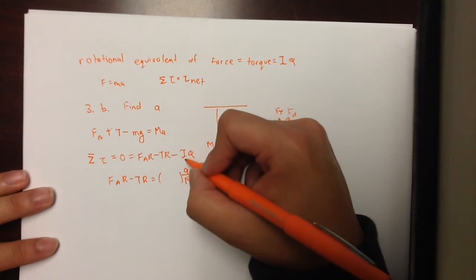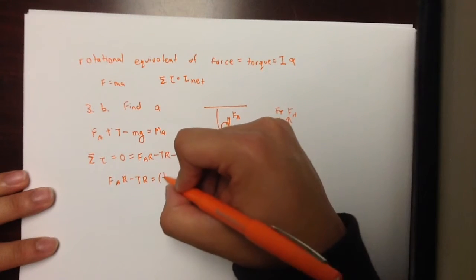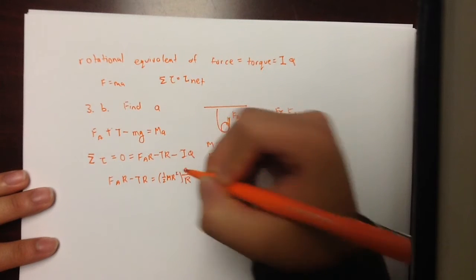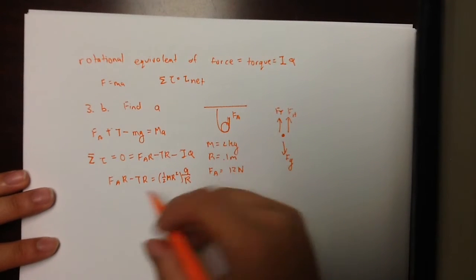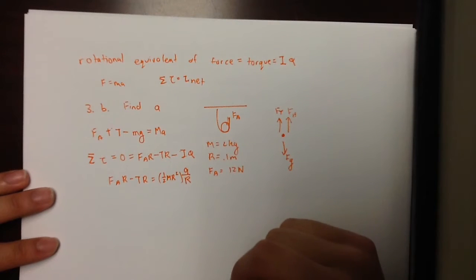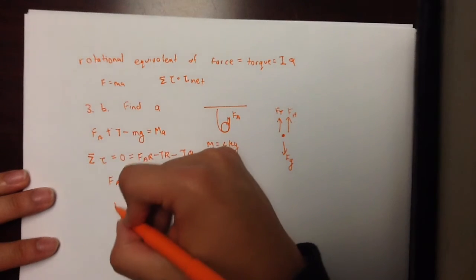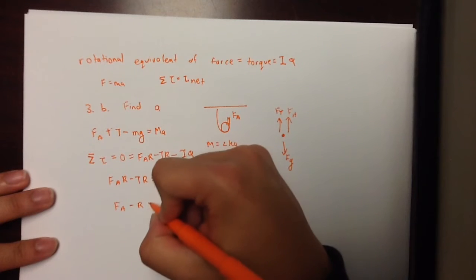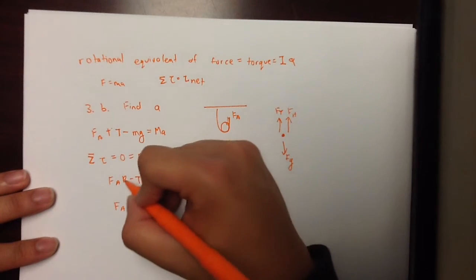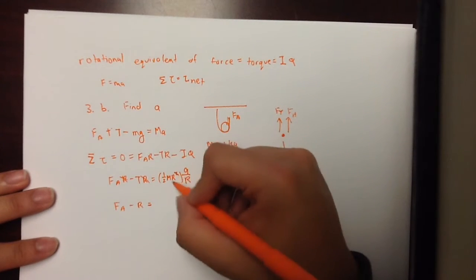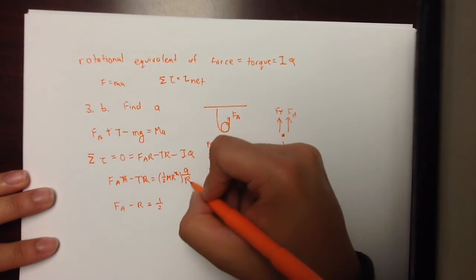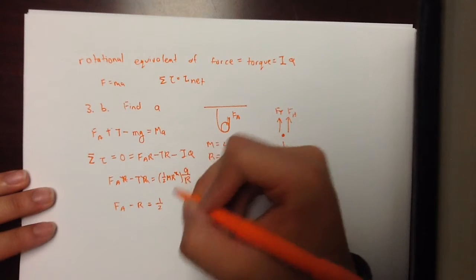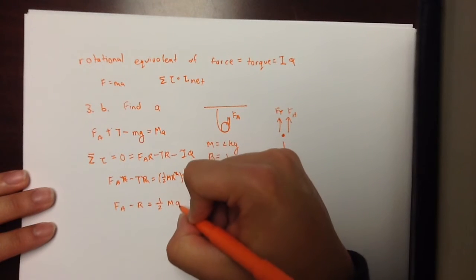And we want to substitute in the moment of inertia, which we know to be 1/2 mr squared, and this should be in your formula sheet. Let's cancel everything out. We get F_A minus T, because we're canceling out the r's, is equal to 1/2 ma, since the r's cancel out.